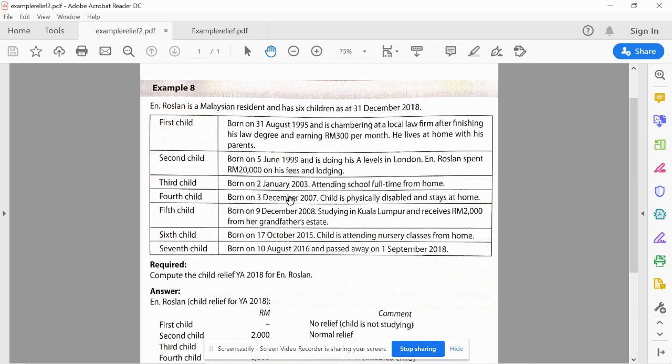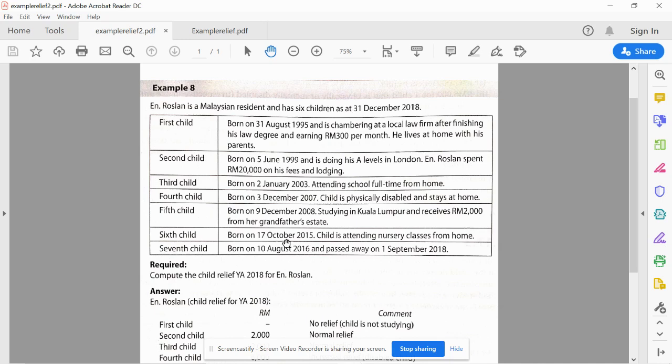And the third child born on 2nd January 2003, attending school full-time from home. And the fourth child born on 3rd December 2007, the child is physically disabled and stays at home. The fifth child, born on 9 December 2008, studying in KL and received 2,000 ringgit from her grandfather's estate.